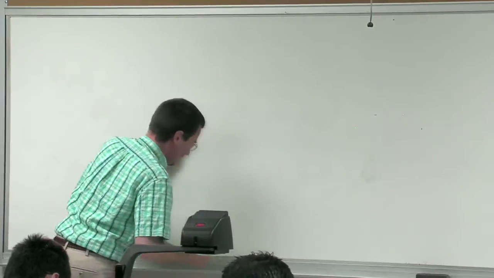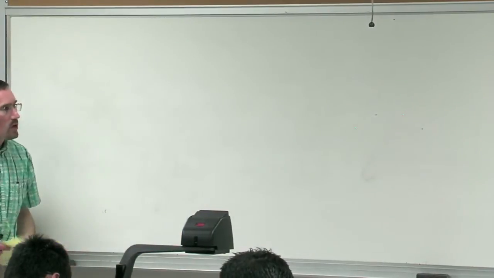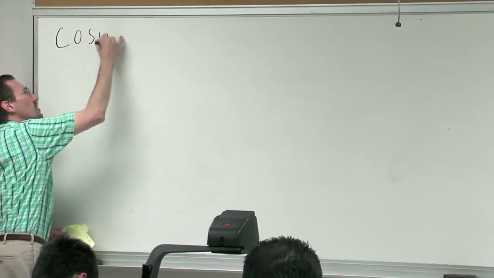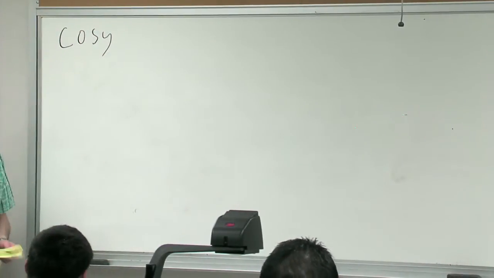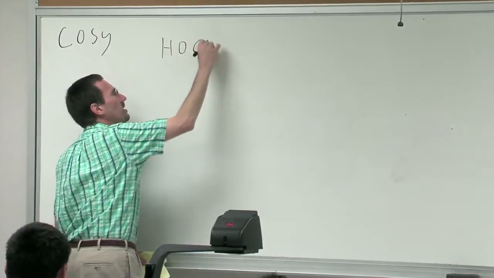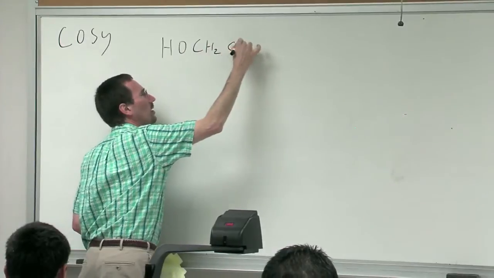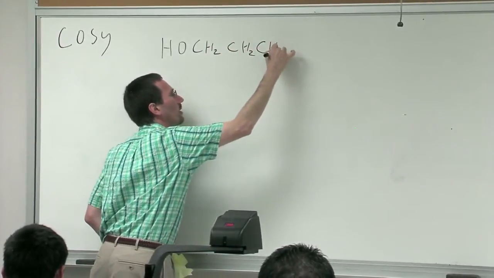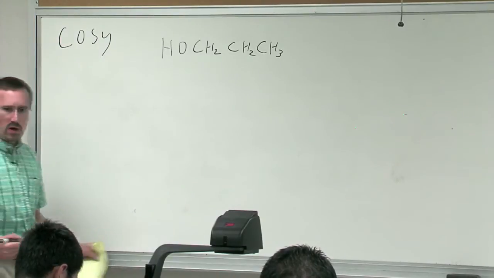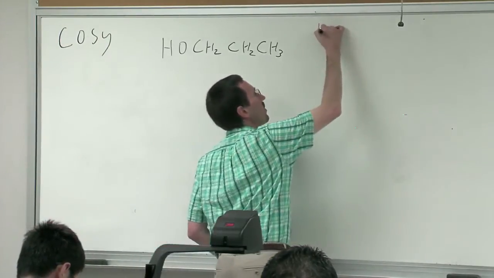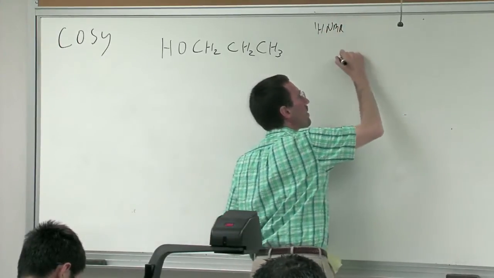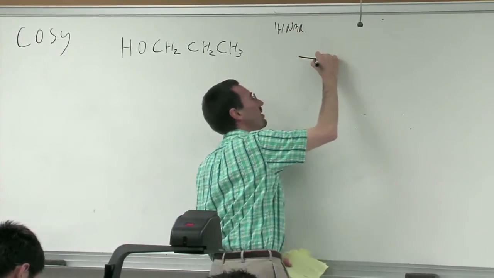All right, let's start with COSY and HMQC, and let me just show you the general gist of the two experiments. So let's start with COSY. And imagine for a moment that you have propanol. And so if you think of your H1 NMR spectrum of propanol, you'll probably think of something that looks like this.